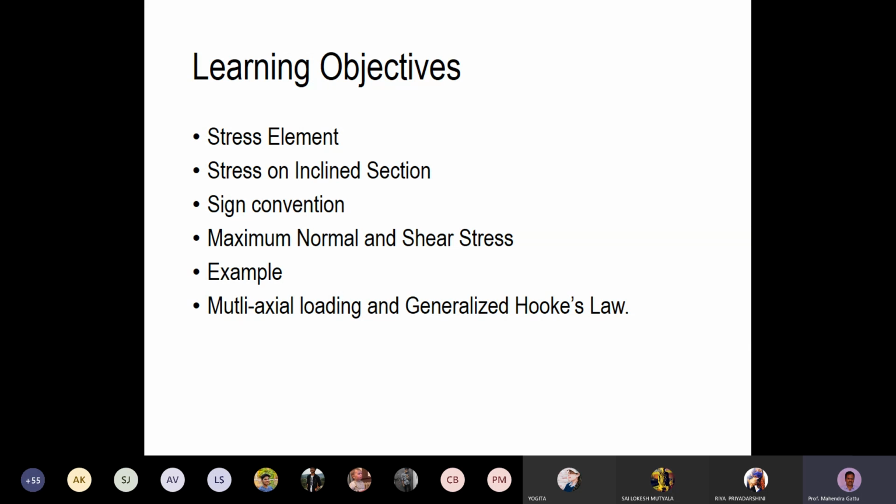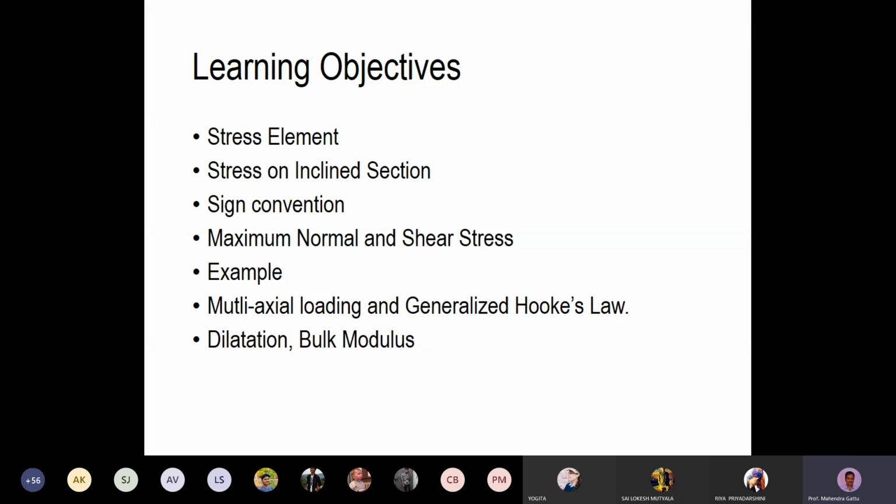This is for a stress element, and we'll define the relations between the stresses and the strains using the principle of superposition, and then we will obtain a generalized Hooke's law. We can derive the generalized Hooke's law from the principle of superposition. And then we'll discuss the concept of dilatation, that is the change in volume per unit volume.